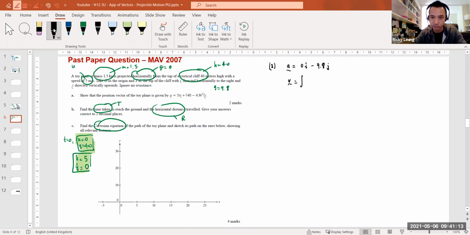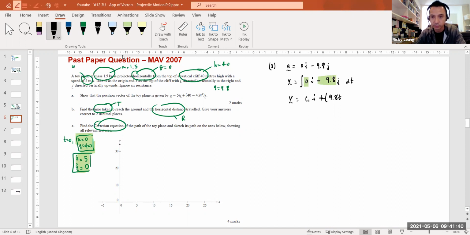So integrate 0i minus 9.8j, once again with respect to t. I'm integrating the constant there and the constant there. So velocity equals, when you integrate 0, it becomes just constant c1. Integrate this guy, minus 9.8t, plus c2 j. Let me clean it up a bit.